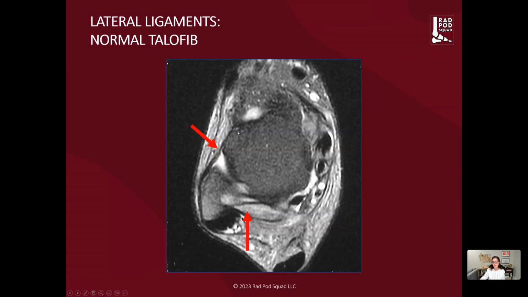Moving from proximal to distal, we can now appreciate portions of the lateral collateral ligament complex. That's our normal anterior talofibular ligament, and also bands of our normal posterior talofibular ligament. They're normal when you can actually see the low signal fibers, and there is no thickening greater than 2 millimeters.